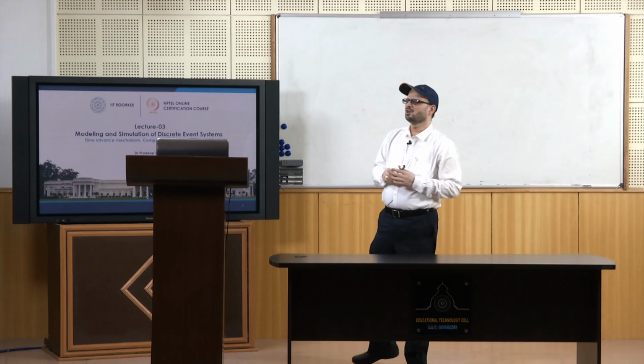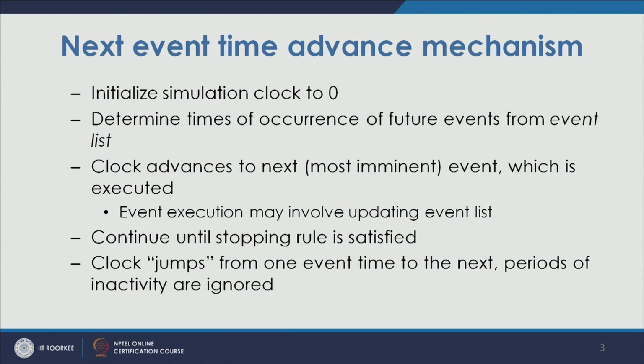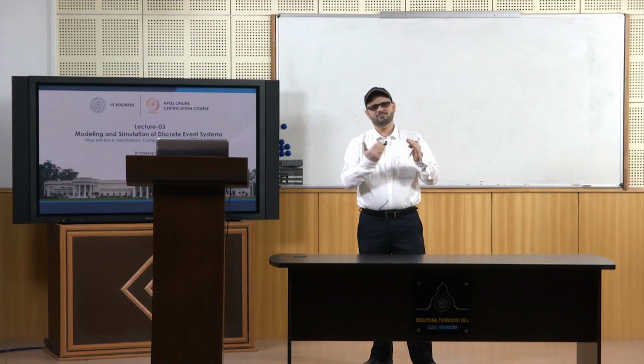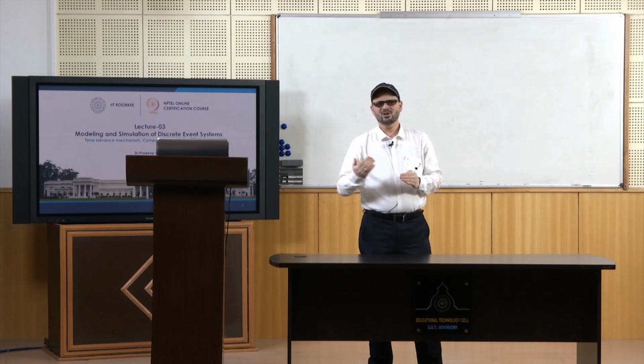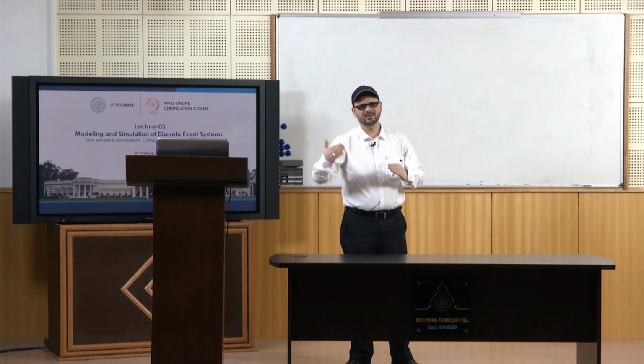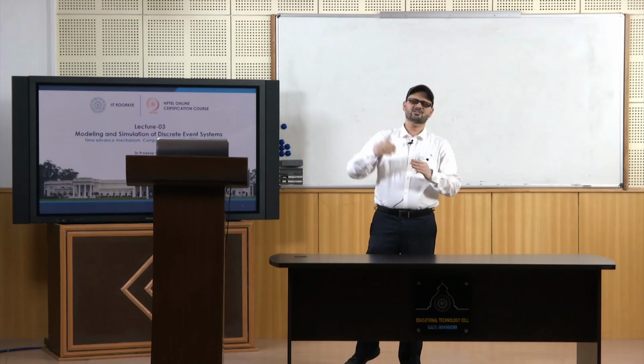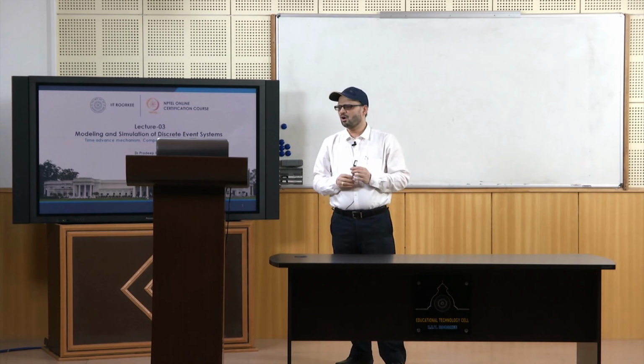So clock will advance to the most imminent event. Event execution may involve updating the event list. As the event list gets updated, once one event has occurred it will go to the next event and the next, and that goes on.